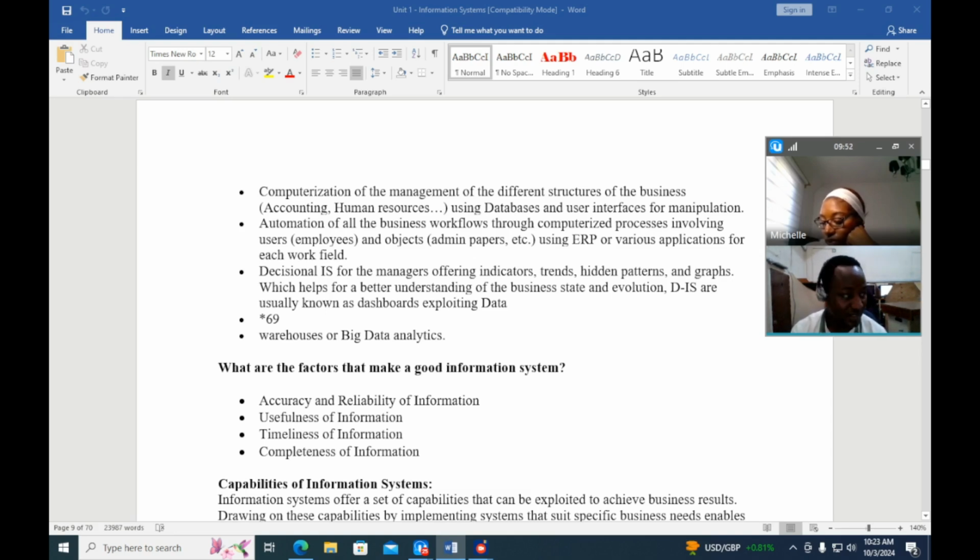When we have indicators, trends, hidden patterns, and graphs, it helps us acquire a better understanding of the business state and its evolution. So they're just like dashboards that enable us to exploit data. The decisional information systems are there offering indicators. That is also a feature.